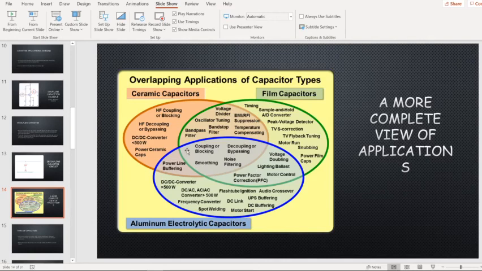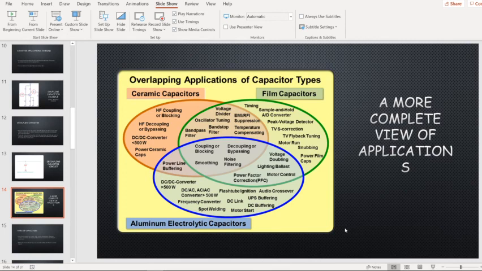Now, I don't necessarily agree with all three of these being used for those applications, particularly meaning the aluminum electrolytics. The reason is, as will become very apparent soon, because this is the last part of the application section, we will be talking about dielectrics in a second. It just doesn't make much sense to use them in coupling or decoupling situations.